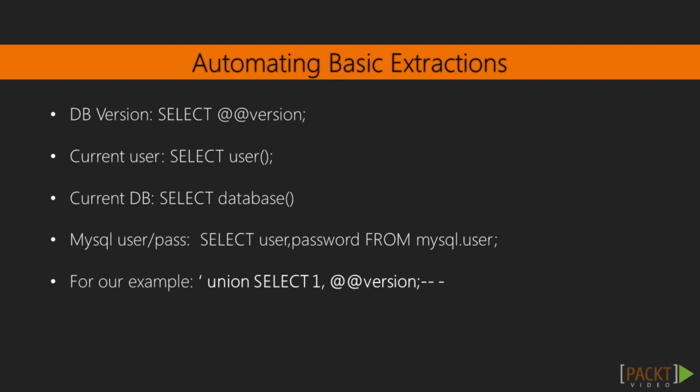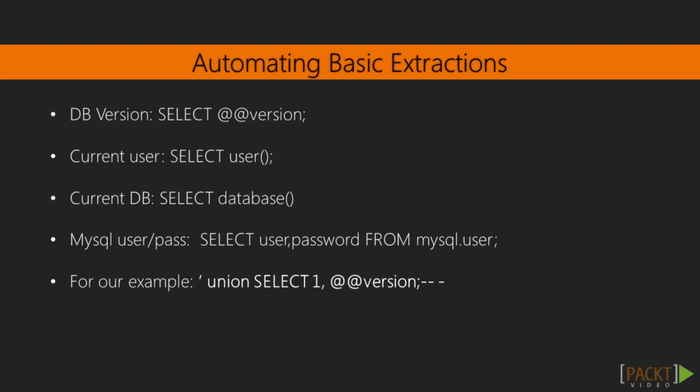For our example, we must use the following injection to get the version. Single quote, union, select 1, comma, @version, semicolon, dash, dash, space, dash. We need 1 before the @version to match the number of columns we have in the query that has been affected by the SQL injection. In our case, there were 2 columns. That's why we add 1.